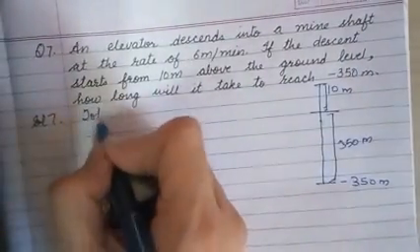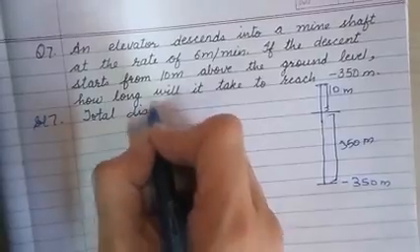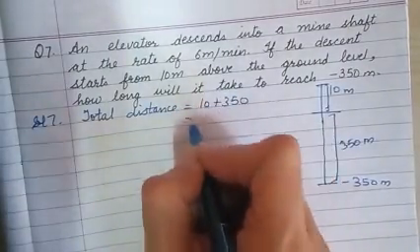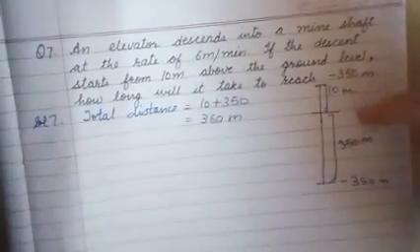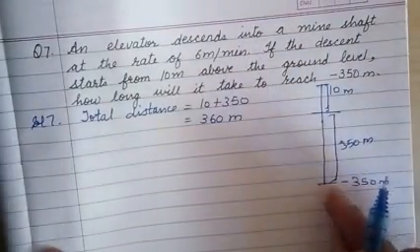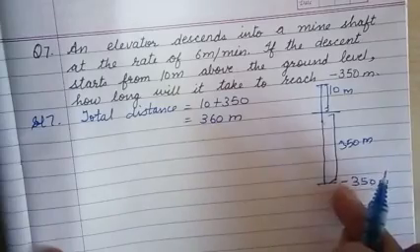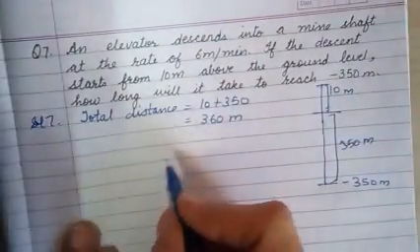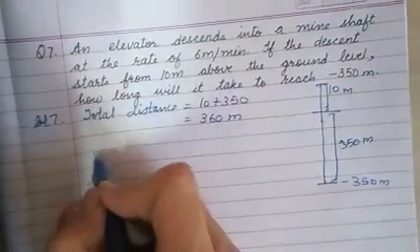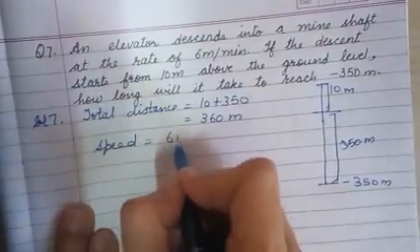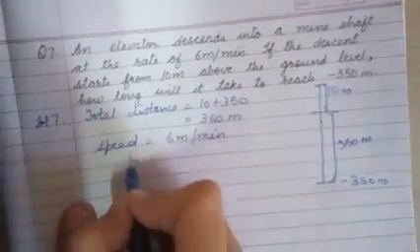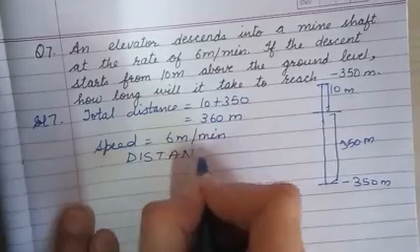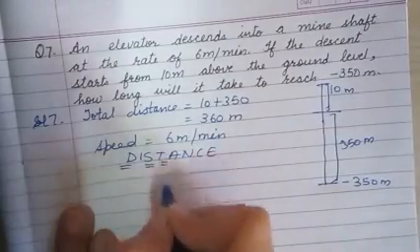So total distance covered is 10 plus 350, that is 360 meters. Here the negative sign is just showing the position, that it is below the ground, and the distance covered has magnitude 350 meters. Now it is given that speed is 6 meters per minute. From the distance formula, you can remember from the spelling of distance only, DST.